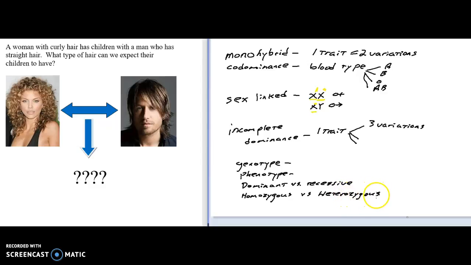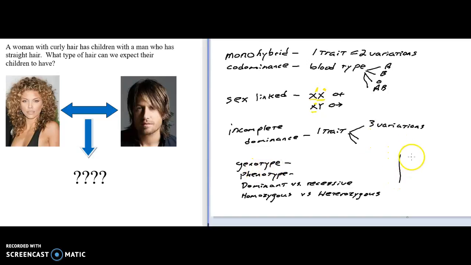Okay, so make sure you guys can define these terms and you know what they mean, because when you see these problems, you have to be able to read the problem, look for the word homozygous, heterozygous, apply the genetic information to those individuals, factor it, determine the genotype, phenotype.